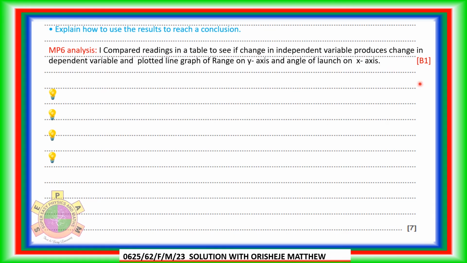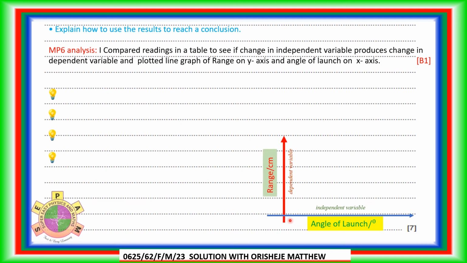For stating this, I have 1 mark. So the angle of launch is the independent variable, then the range is your dependent variable. So you plot this, you show this, either you draw this.